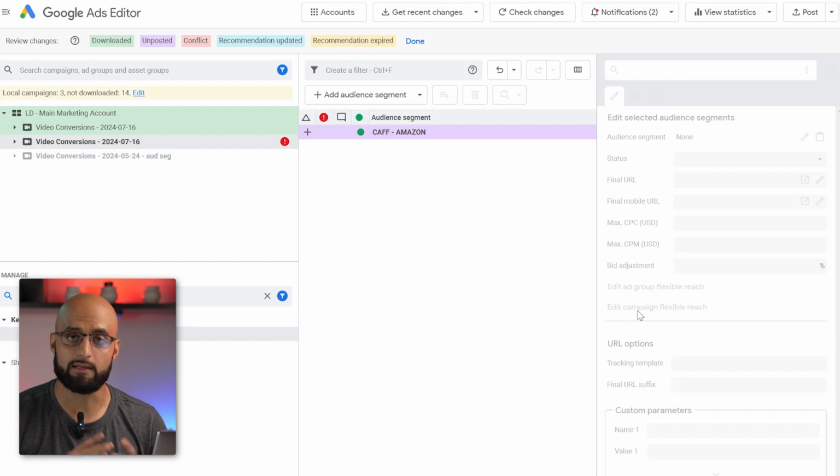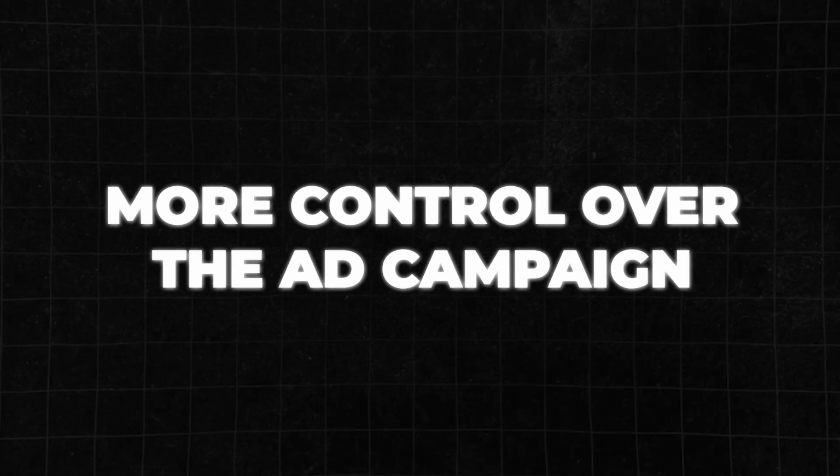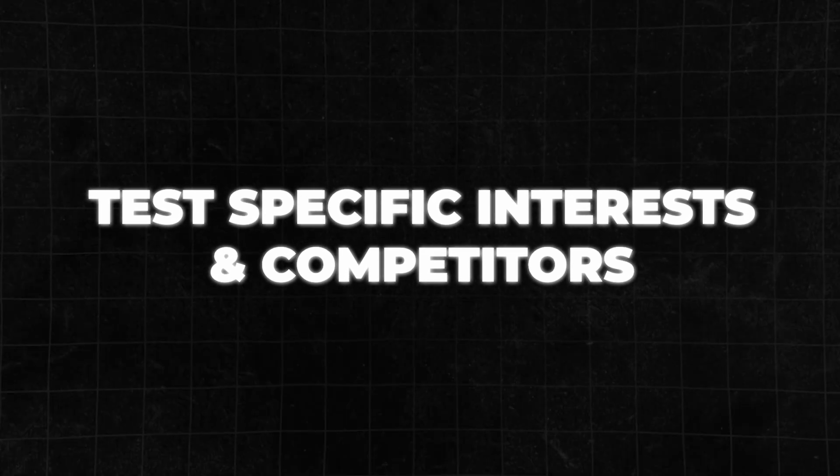And that is it for that particular hack, if you will, of selecting the audience segments individually without the necessity of adding more audiences to the shared library. Just keep it as your audience segment. The tip we have for you guys is that you'll have more control over your campaign and be able to test out one individual interest or one individual competitor at any given moment.